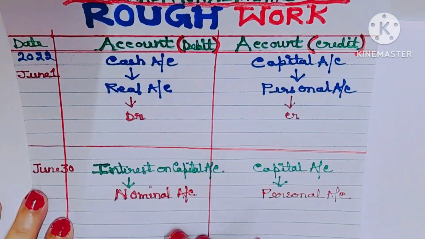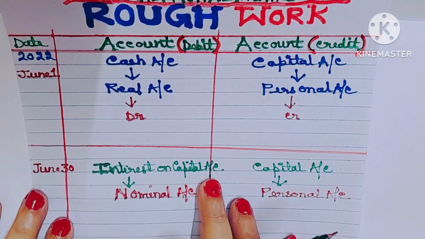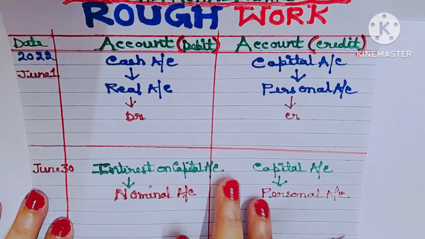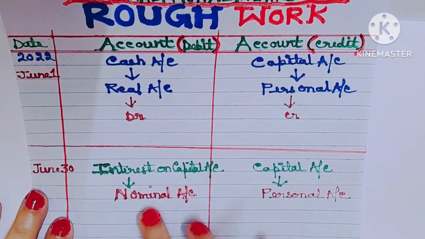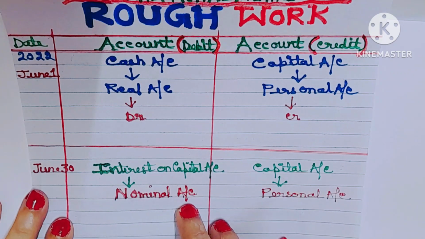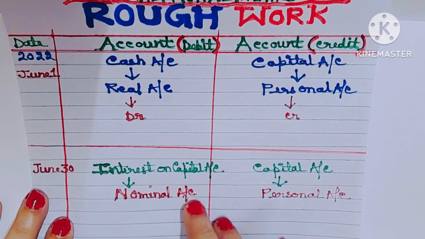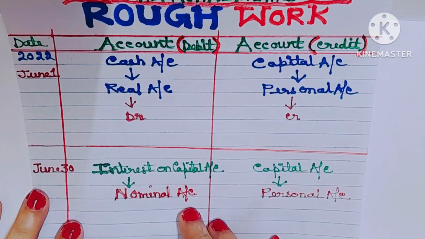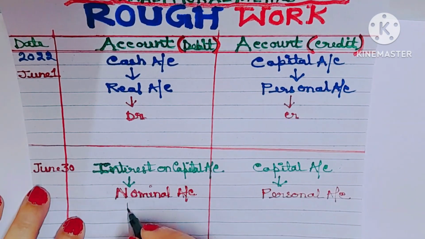So interest on capital account is an expense from the point of view of the business. Interest on capital account comes under nominal account, and according to the rule of nominal account, all losses and expenses debit. So nominal account will be debited. So we'll write DR. DR means debit.